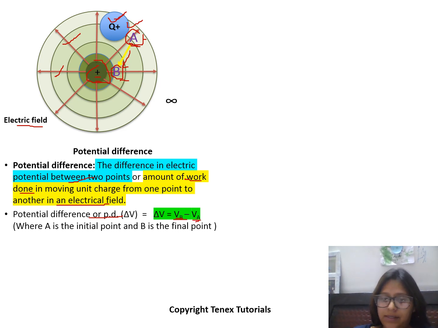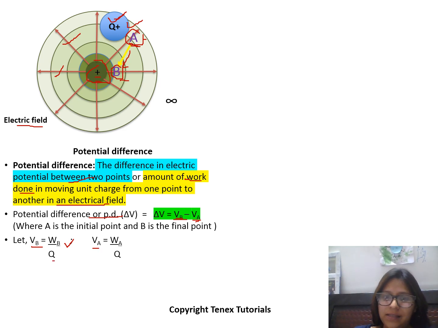Okay guys, so let's move forward. Let us assume that the potential at position B is VB, and VB is equal to the work done in bringing the quantity of charge from, let's say, infinite distance to the point B, divided by that particular quantity of charge.